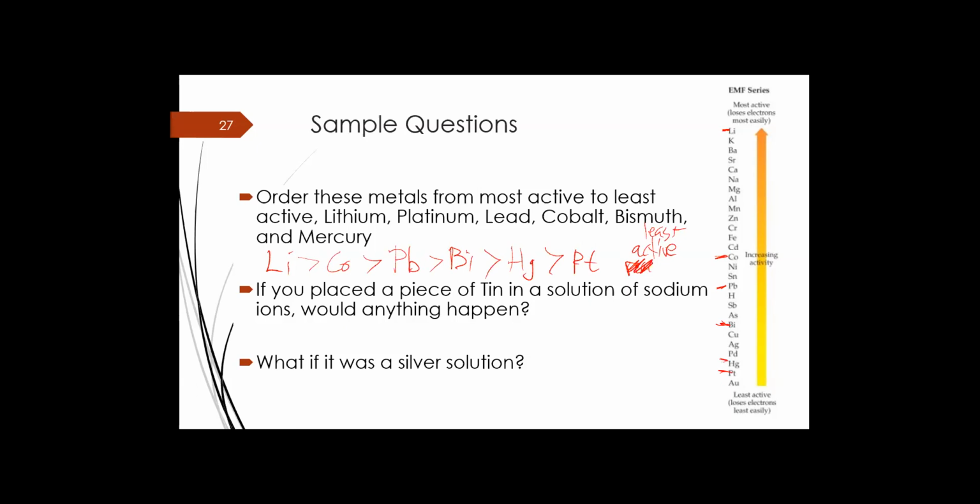The next part is we want to think about our solutions and how different metals inside might react. So let's say that we have a container here, and that container has water inside. And inside that solution, we have these sodium ions.